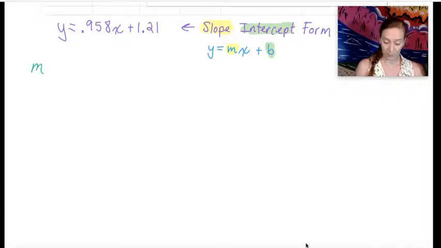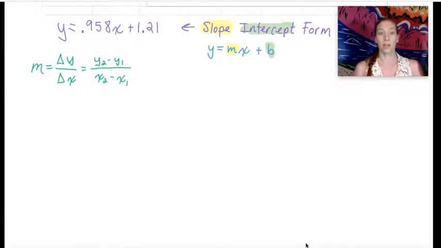So slope is going to tell us the change in y variable over the change in our x variable. You probably have also seen this in math as y2 minus y1 over x2 minus x1. Now for us, our slope is that 0.958 value.